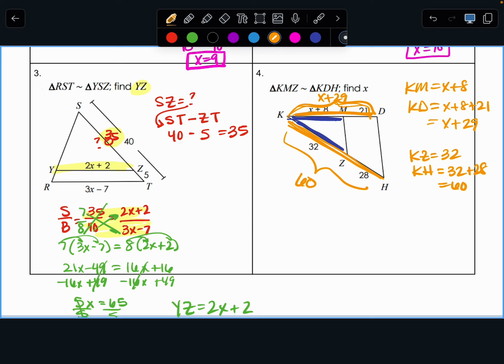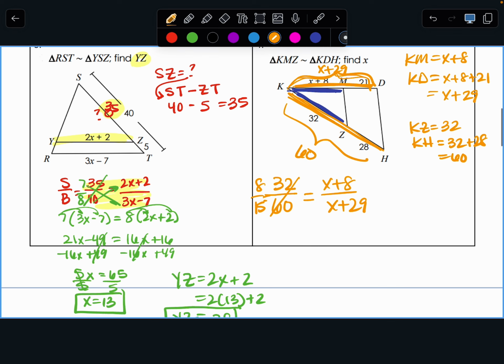So now, when I set my problem up, 32 over 60 equals x plus 8 over x plus 29. I really want to simplify this. If I divide those both by 4, I get 8 and 15.